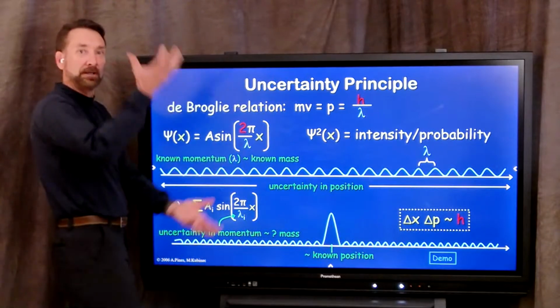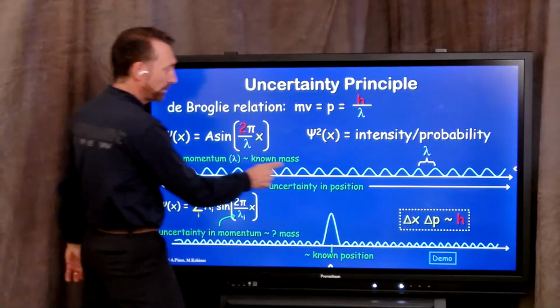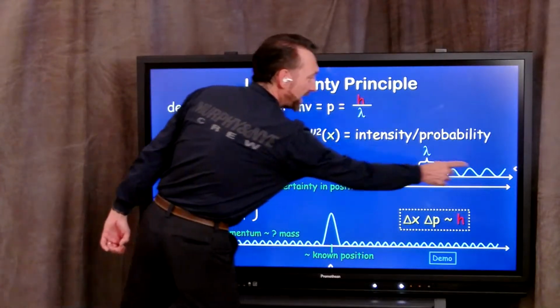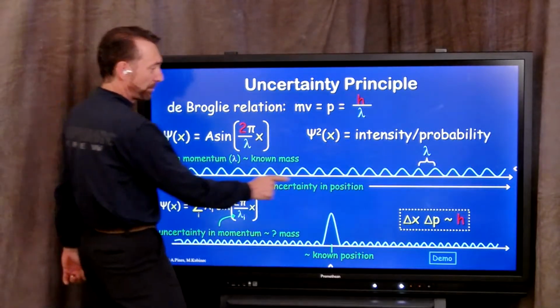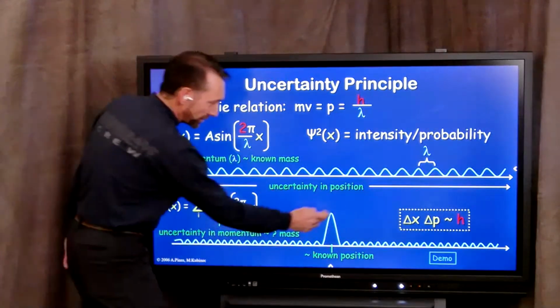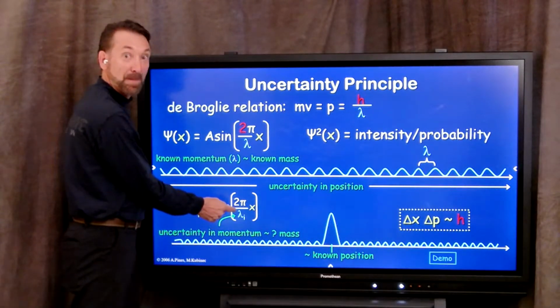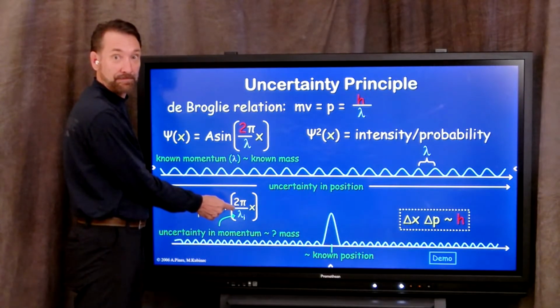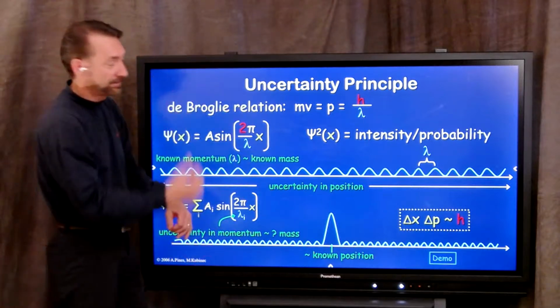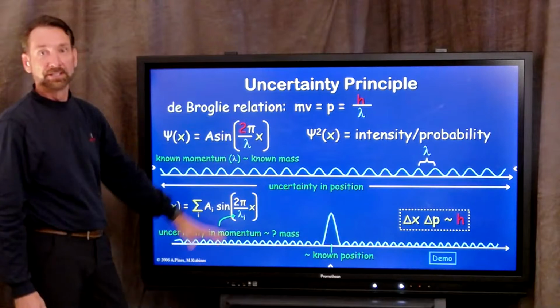Those things are balanced in an inverse proportion. Here I know the momentum more or less exactly, but I have no idea where the particle is on the top. Here, I know where the particle is, but I have to use a zillion different momenta to get there. So those two things, because it's a wave, have that property.